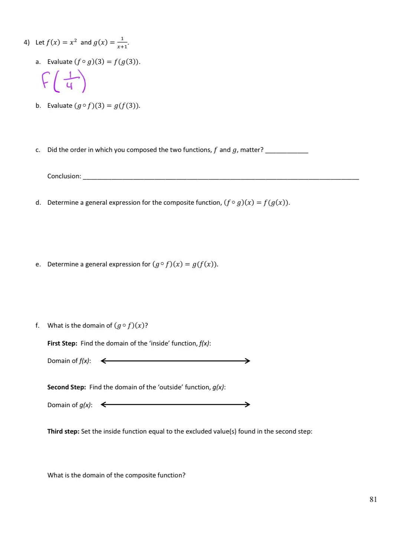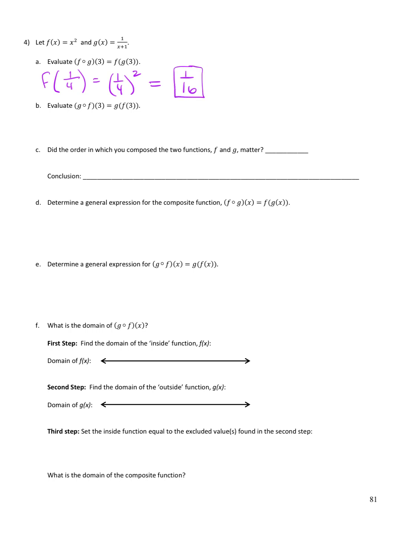If you put a 3 into the g formula, you get 1/4. Now I'm going to take that 1/4 and put it into the f formula. I'm going to square it because f of x is x squared. So 1/4 squared is 1/16.